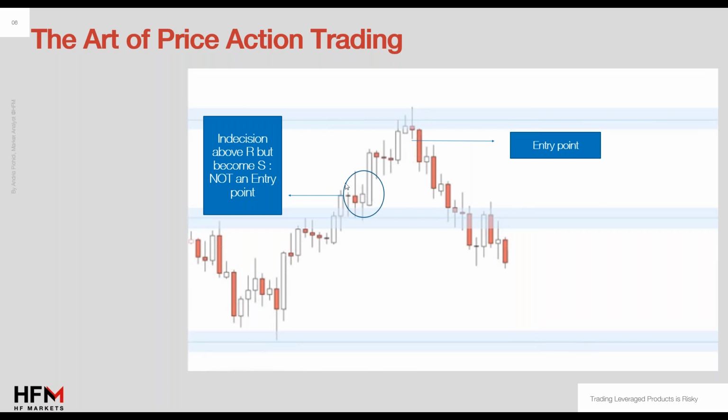We cannot reply whether it's buyers or sellers, because there was a lot of indecision, a lot of pressure for both sides. So we patiently wait for the following candles to make clear to ourselves whether bulls or bears are in control.